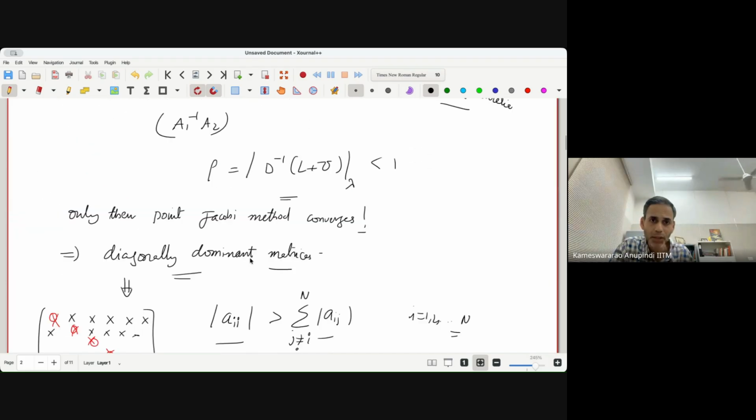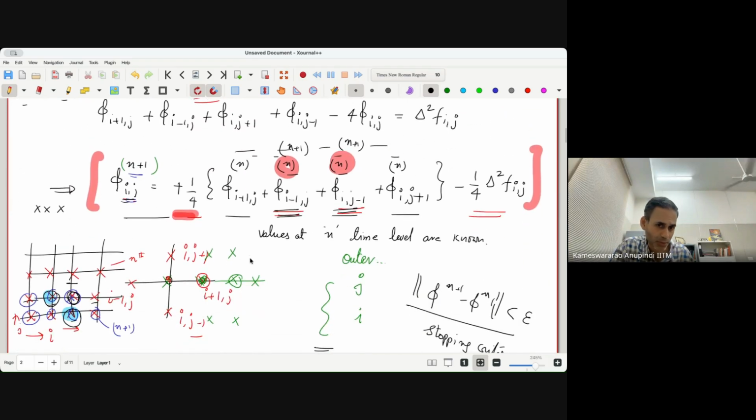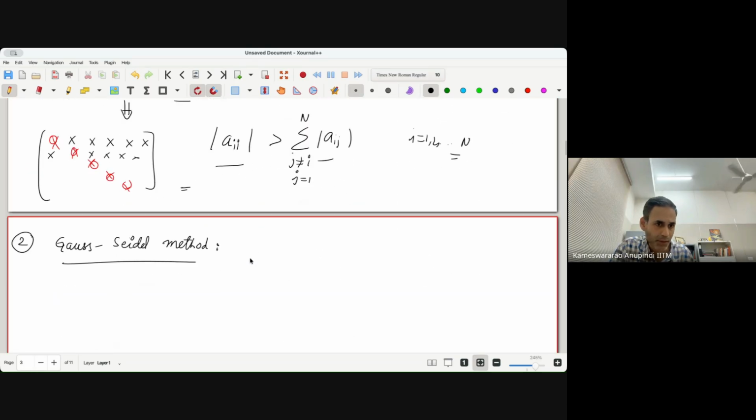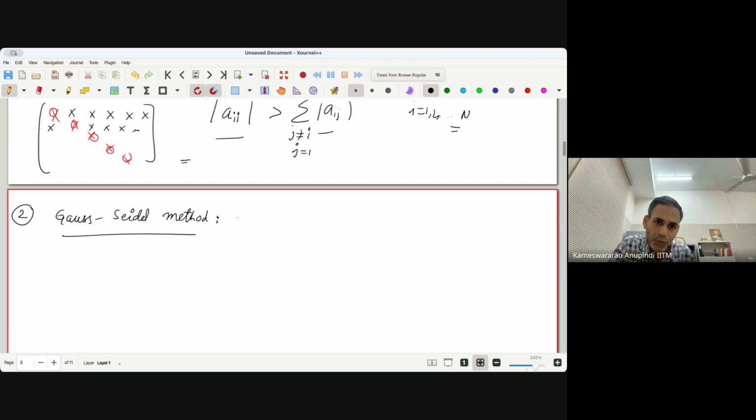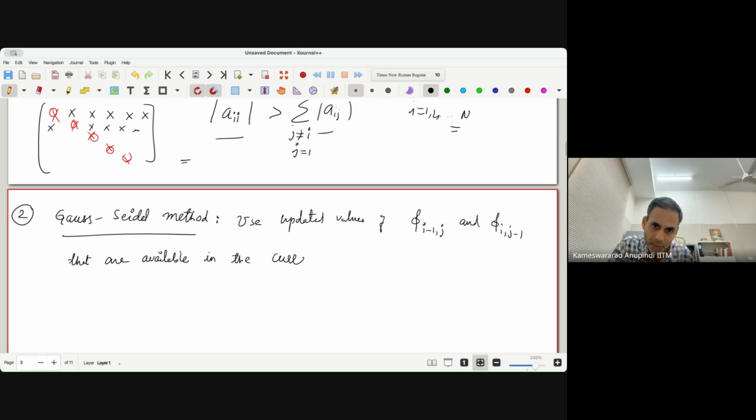That means if I were to rewrite this, this is equal to 1 by 4. Let me write it here. So the Gauss-Seidel method says to use updated values of phi i minus 1, j and phi i, j minus 1 that are available in the current iteration itself.